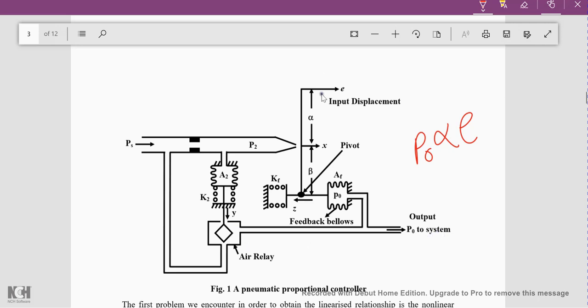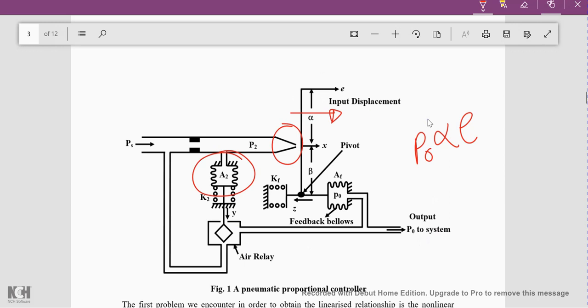Now let us consider a condition when the displacement is increased, that is, the input displacement is moving towards the right hand side. When this moves to the right, the pressure at the nozzle side will decrease, that is, the P2 value will decrease. When P2 decreases, this bellow starts contracting and obviously pulls back the spring.